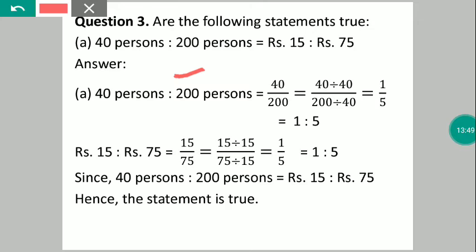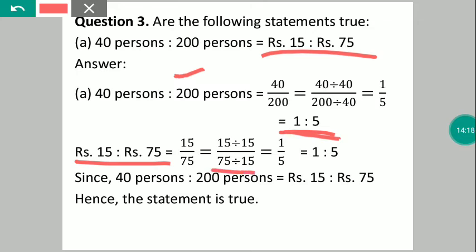Okay. Now 40 to 200. So 40 upon 200. Divide numerator and denominator by 40. So 40 divided by 40, 200 divided by 40, which is equal to the ratio 1 by 5. So that ratio is 1:5. Now rupees 15 is to rupees 75. So the ratio is 15 upon 75.